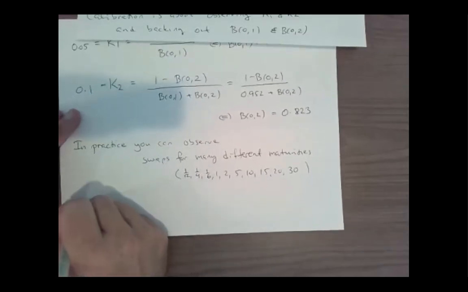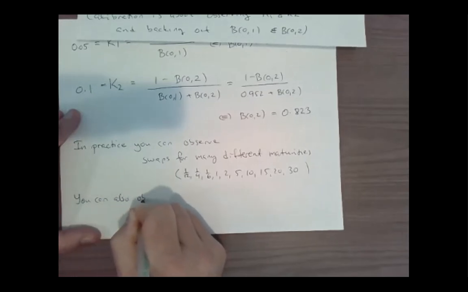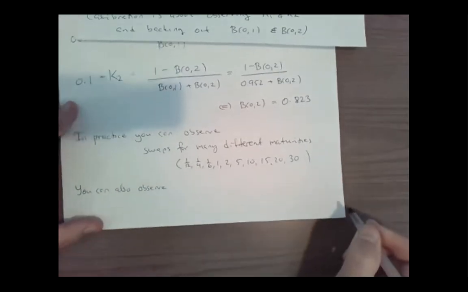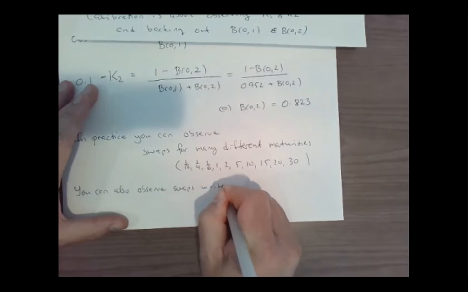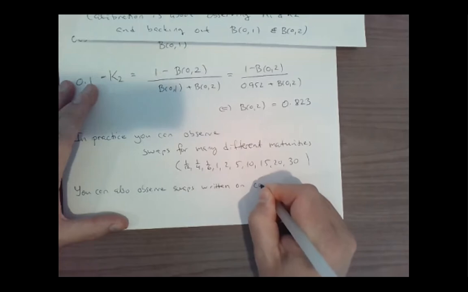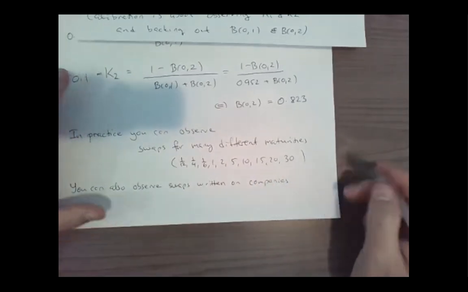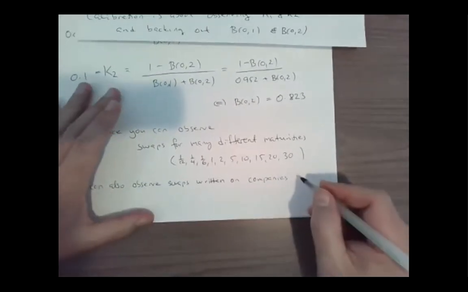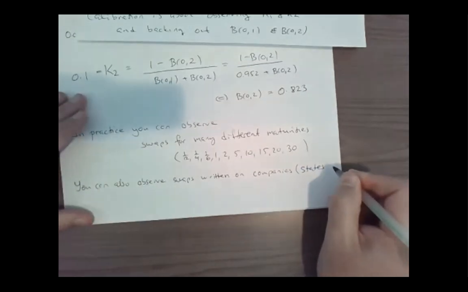So you can also observe swaps written on companies, or you can also use states, like not New Jersey.